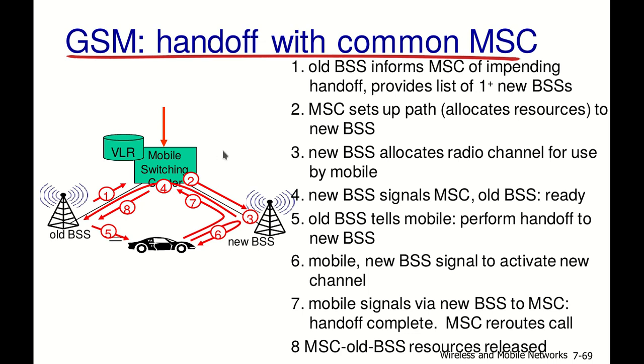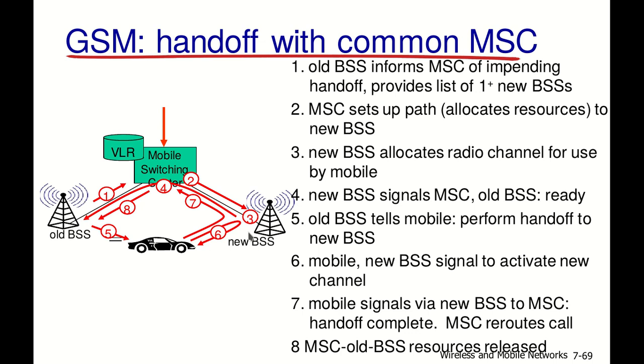The second part: after the MSC receives the initiation from the old base station, it will set up the path and allocate resources at the new base station, because in cellular networks, when we want to admit new users, the base station has to allocate some resources so the user can be admitted.